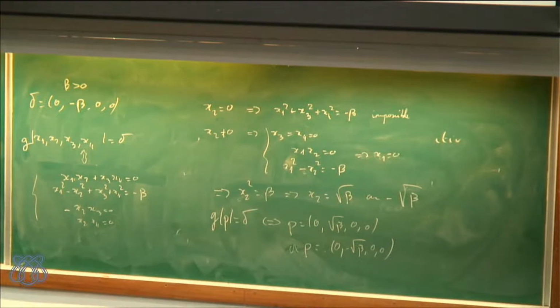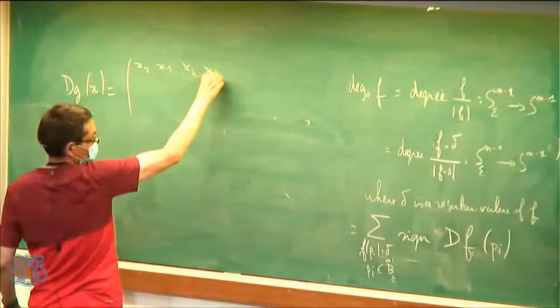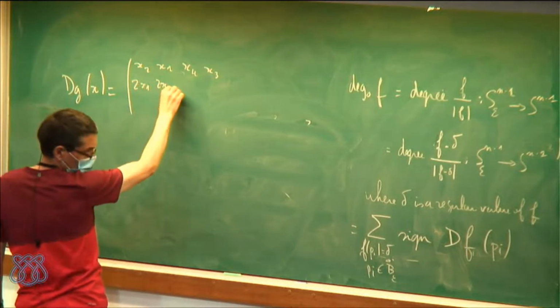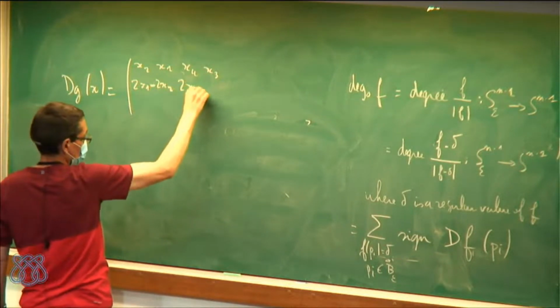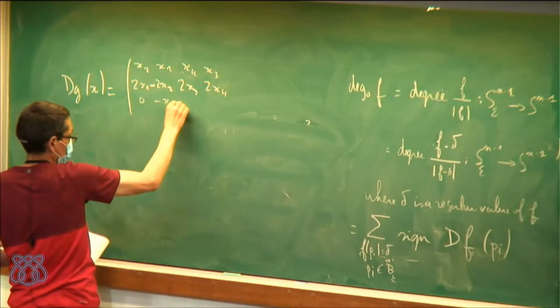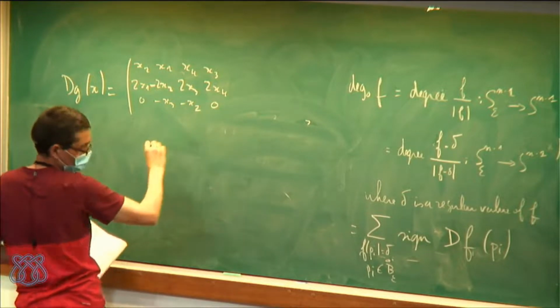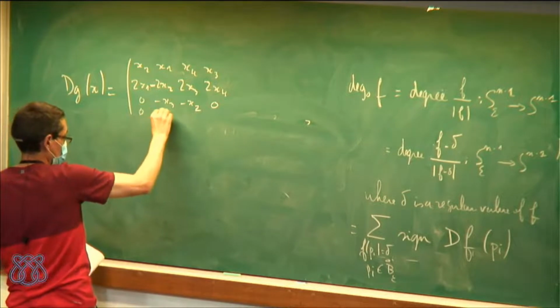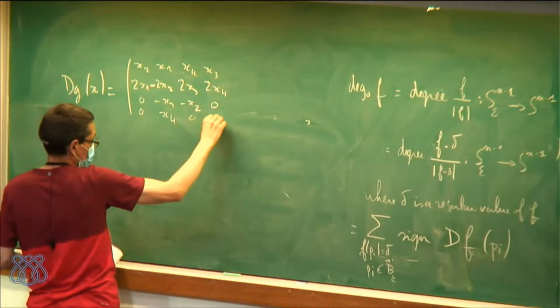So it's very easy to compute the differential of G. So x2, x1, x4, x3, then 2x1, 2x2, minus 2x2, 2x3, 2x4, and then minus x3, minus x2, 0, and then x4, 0, x2.